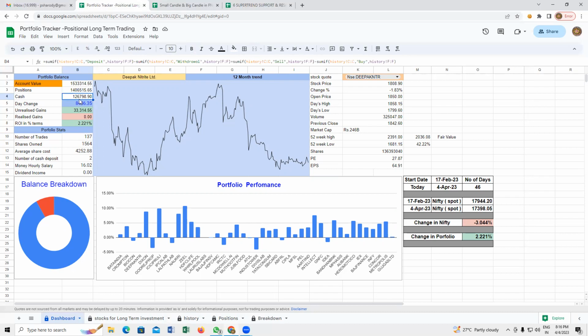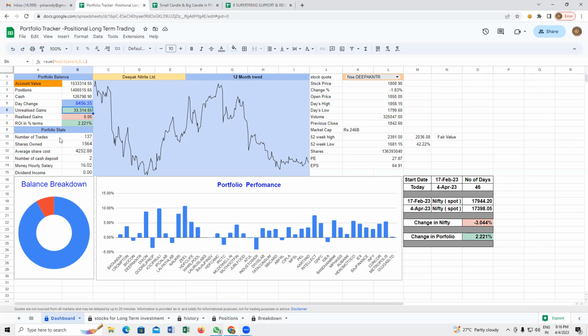That means we can take an additional 13 trades with this capital. Monday's profit was 8,456, and the unrealized gain is 33,314, and we have not booked any profit. That is why it is showing 0.00, and the ROI is 2.22.